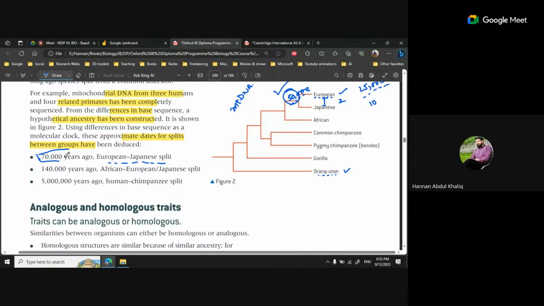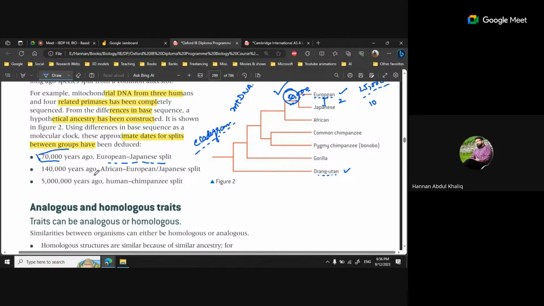With a difference of three nucleotides between them, we can analyze their difference and create a cladogram. This is a cladogram. We can create a cladogram on the basis of base differences between them.